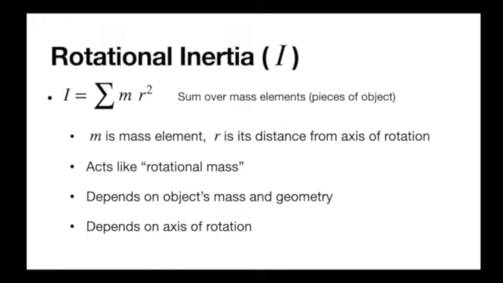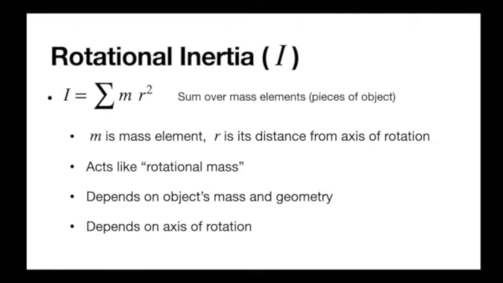If we just have one, like if we're just spinning a ball on a rope, circular motion, I'm spinning a ball on a rope over my head, its moment of inertia, or its rotational inertia, would just be the mass of that ball times the length of the rope. It's mass times its distance away. If I have 2 of those, then the total rotational inertia is just the sum of them. So the mass of one times its distance plus the mass of the other times its distance.